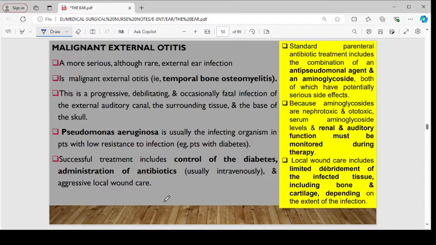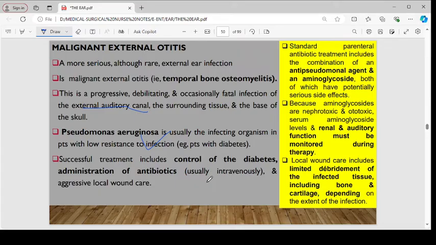It's a progressive, debilitating, and occasionally fatal infection of the external auditory canal and the surrounding tissues and also the skull. Pseudomonas aeruginosa is usually the infecting organism in patients with low resistance to infections, like patients with diabetes. Successful treatment includes control of diabetes, administration of antibiotics, usually intravenous, and also aggressive local wound care.